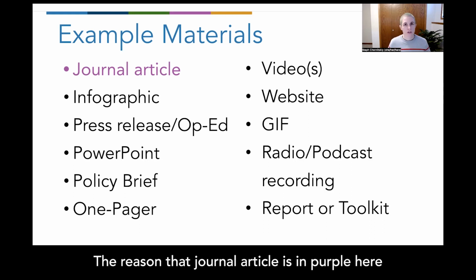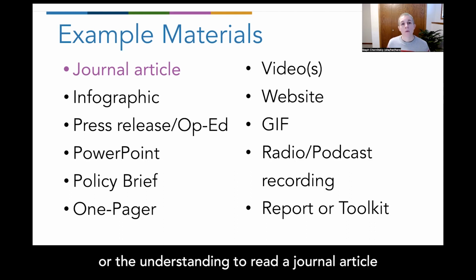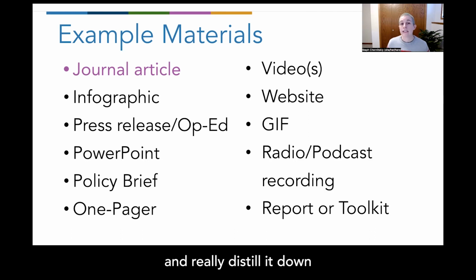The reason that journal article is in purple here is that I'm trying to highlight that this should not be your only material. Most audiences do not have the time or the understanding to read a journal article and really distill it down into the most important information. So you should do that for them.